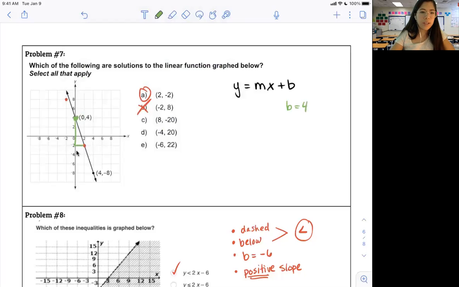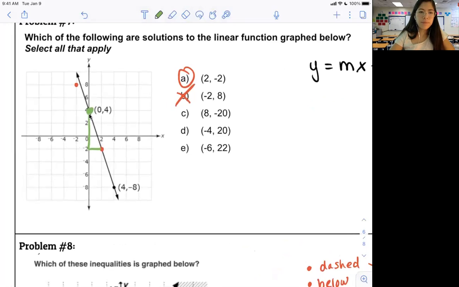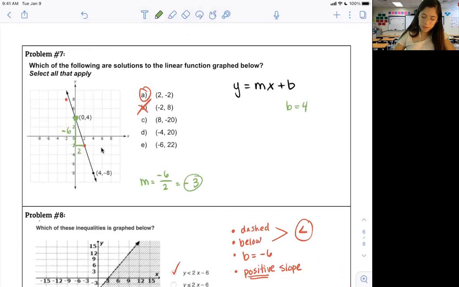How far did I go down? Down 3 units, 1, 2, 3. Yes, but it's going by 6. It's going by 2s. So this would be 2, 4, 6 units down, -6. And then 2 units to the right. So my slope, rise over run, is -3. So m is -3.